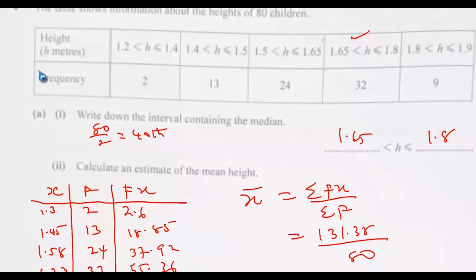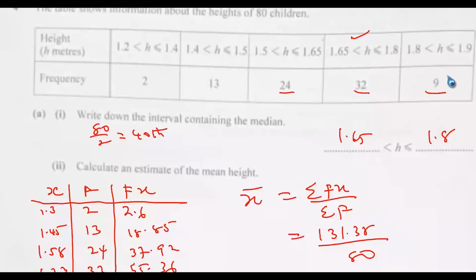If you come to the range here, you see that we are interested in the frequency that is more than 1.5. So it will be between this and this. We've already been told that one of them is taller than 1.8.